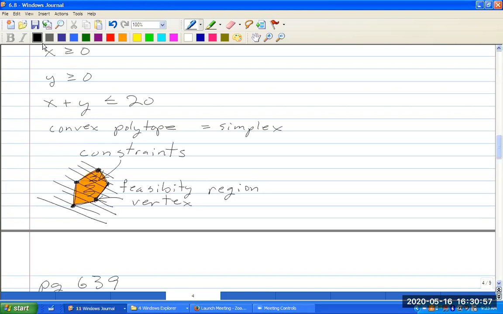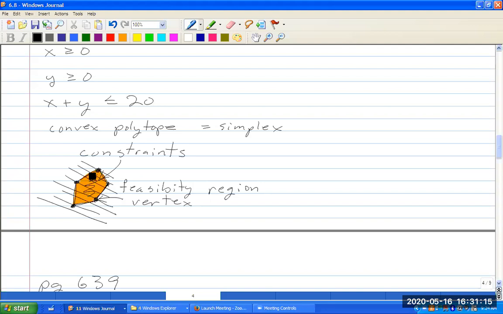This feasibility region satisfies all of your constraints. So suppose you had a whole bunch of constraints and they all were satisfied, giving something that looks something like this. These corner points are called vertices.